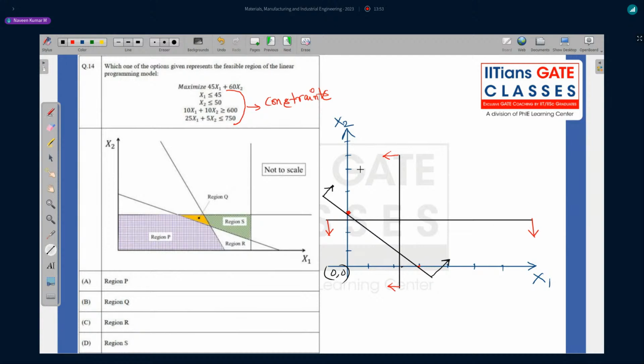So let me draw this line here. So somewhere it will start here. And here, this is 40 and this is 50. Something like this. Just give me a minute. 25 comma this thing, right?